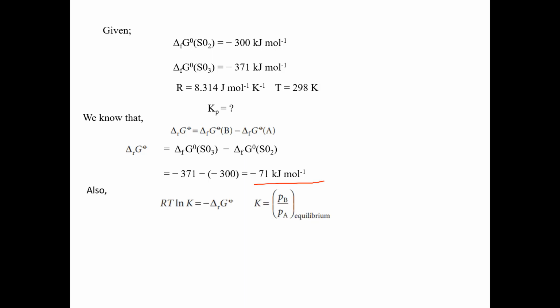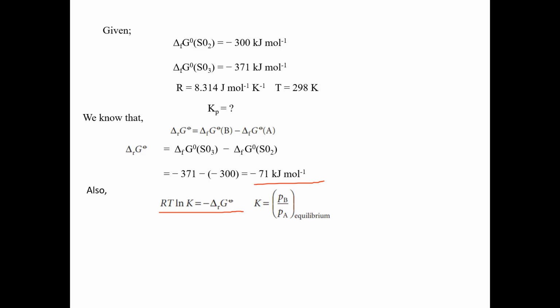Now from the previous equation, RT ln K equals minus delta RG0. So substituting the value for delta G, and we know the value for R, which is equal to 8.314 joule per mole per Kelvin, and temperature is 298.